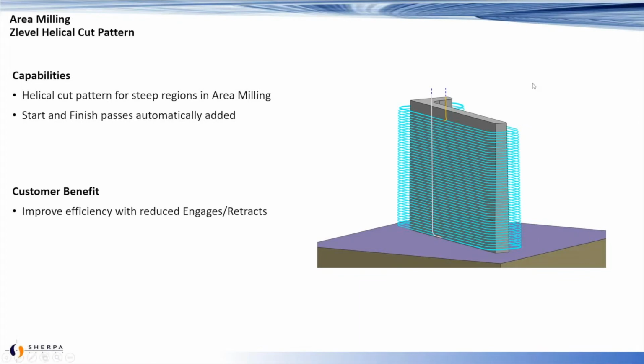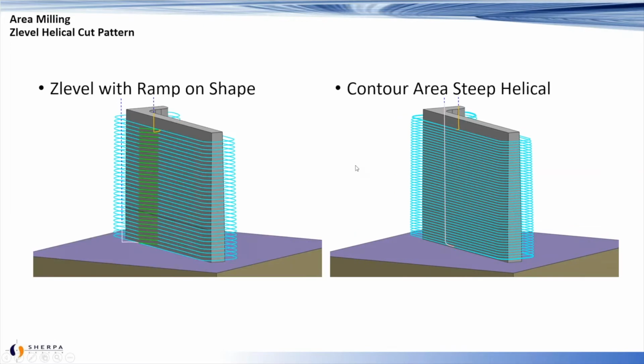They've included a helical cut pattern for steep regions. This allows the cutter to do one continuous helical down the part. Whereas in the past, the best option was usually Z-level ramp-on shape, where it would do one round around the part at one level and then transfer down.